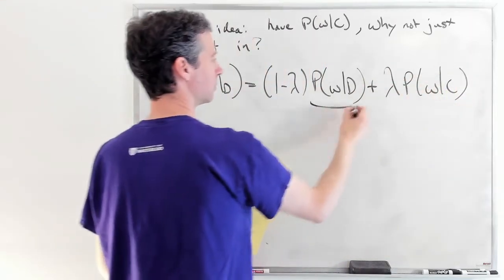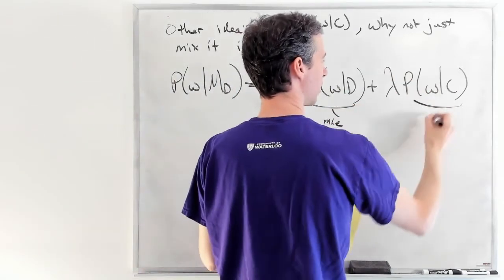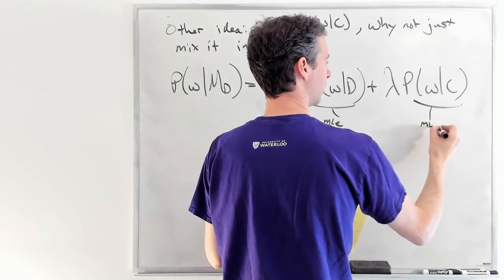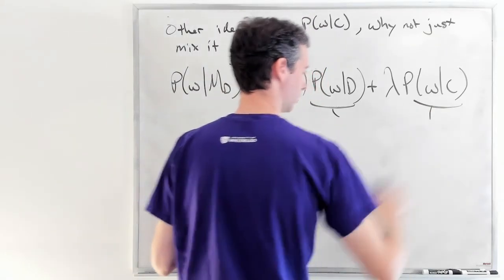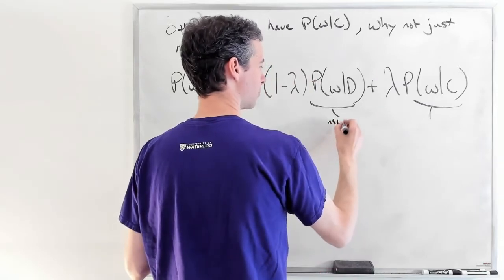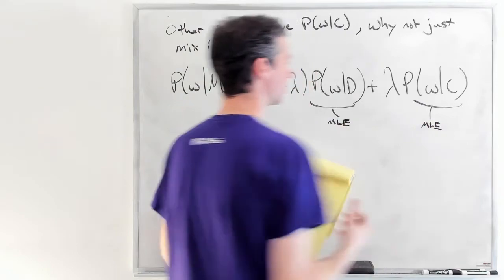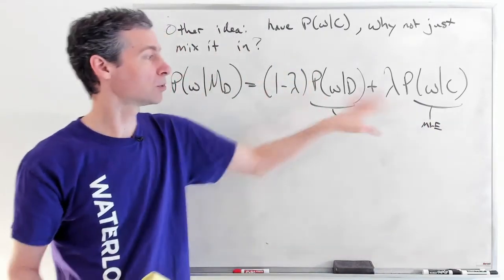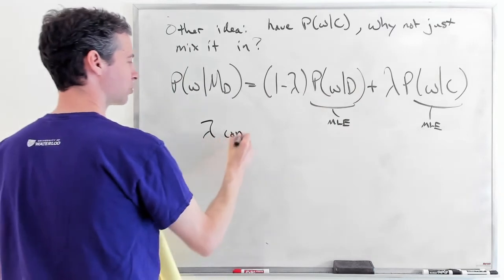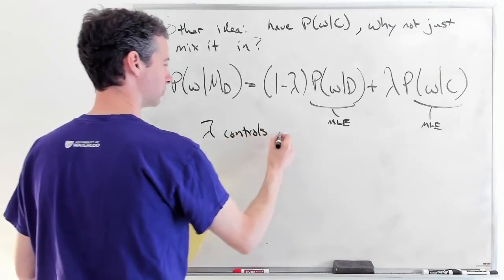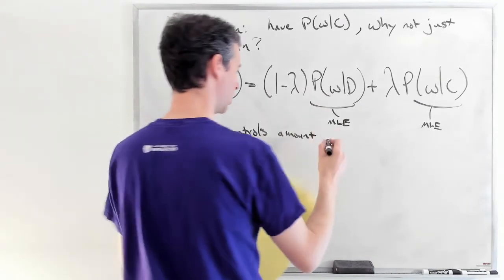This is a maximum likelihood estimated model of the document, and so is this one. We're doing a linear combination where lambda controls the amount of smoothing. Lambda varies between 0 and 1.